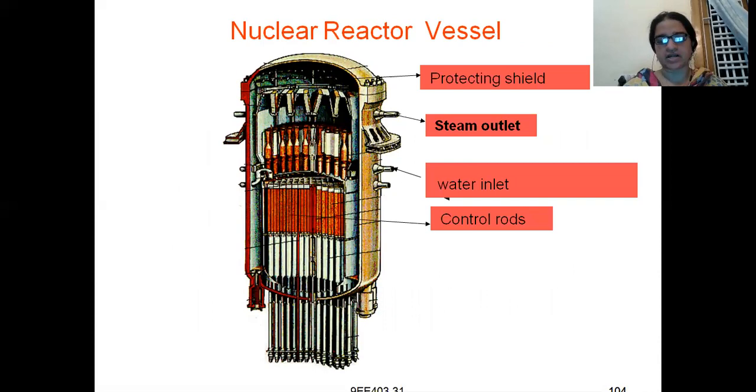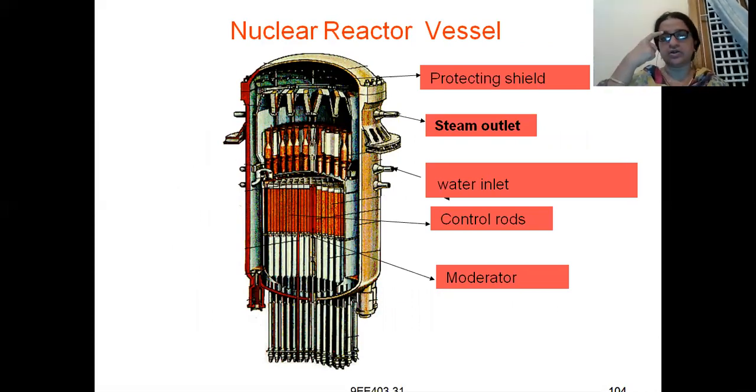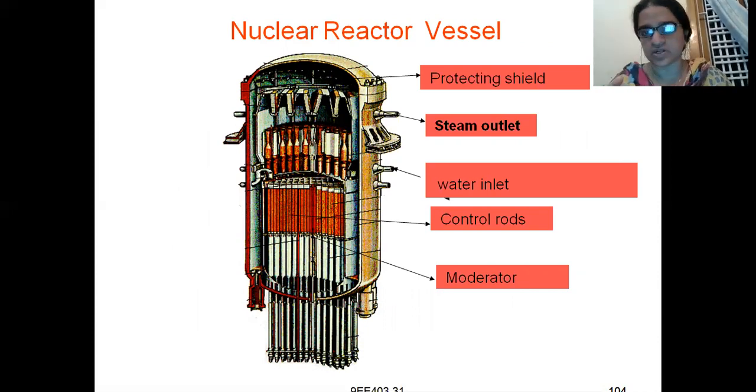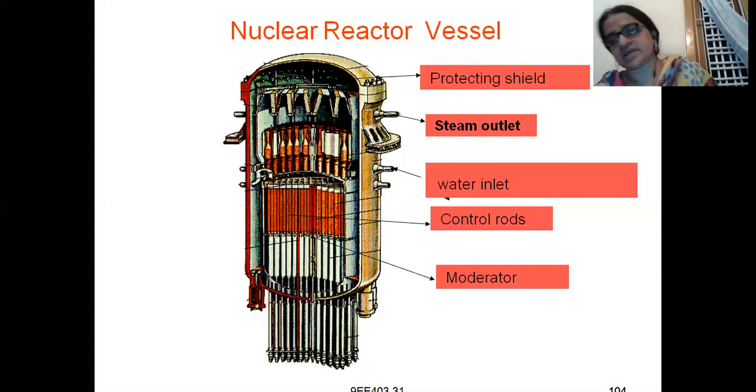This is about the nuclear reactor vessel which they are showing. The outermost is the protecting shield. Next is the steam outlet. What does steam outlet mean? Here you are using water only as coolant. Cool water is entering from the heat exchanger into the nuclear reactor vessel, and because of the heat released by nuclear fission reactions, this hot water comes out and moves into the heat exchanger.